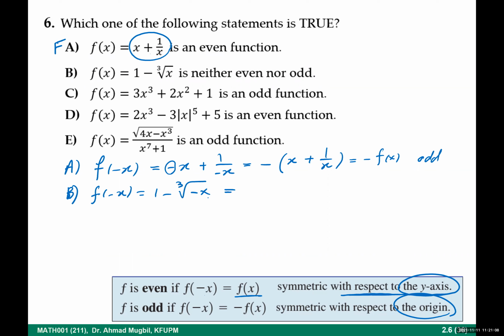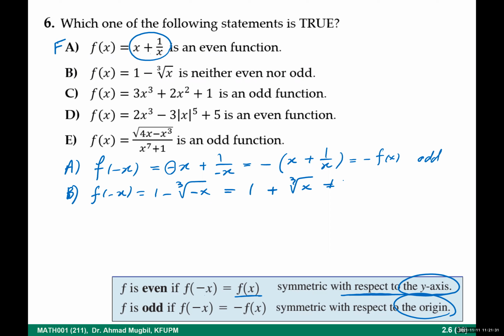Can we simplify it? Negative x is -1 multiplied by x. We can distribute odd radicals even if we have negative inside them. It is not like square roots. So this will be 1 minus negative cubic root of x, which will be 1 plus. Is it the same as the original function?